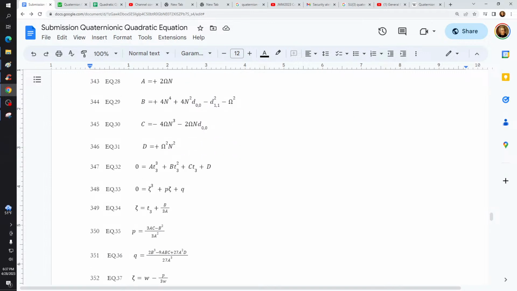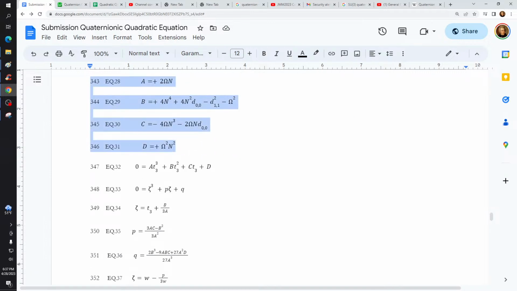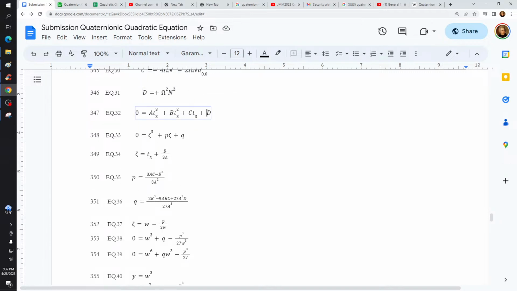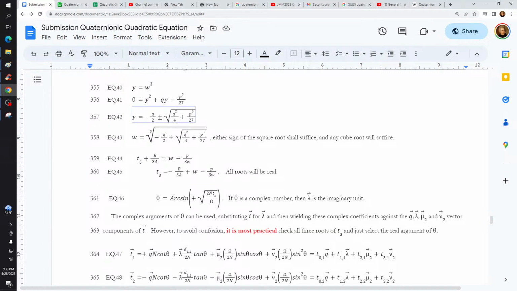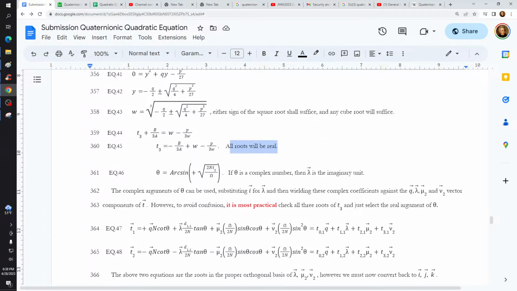We then run our cubic equation using these coefficients for A, B, C, D to yield T3. This is Cardano, and then this is the Vieta substitution. And then whatever the roots are, technically, I'm not going to get into this in this video. Just take the real root.